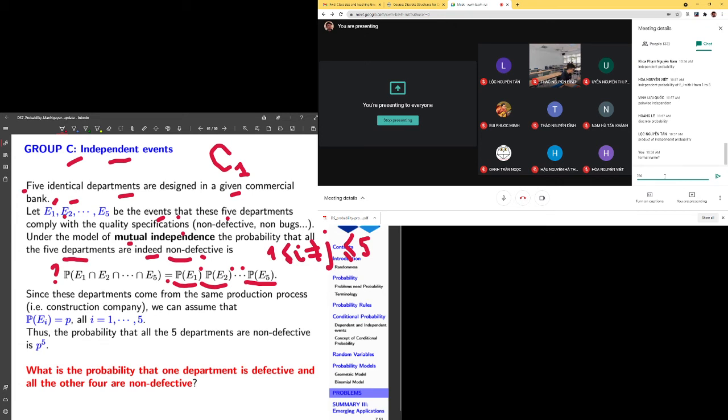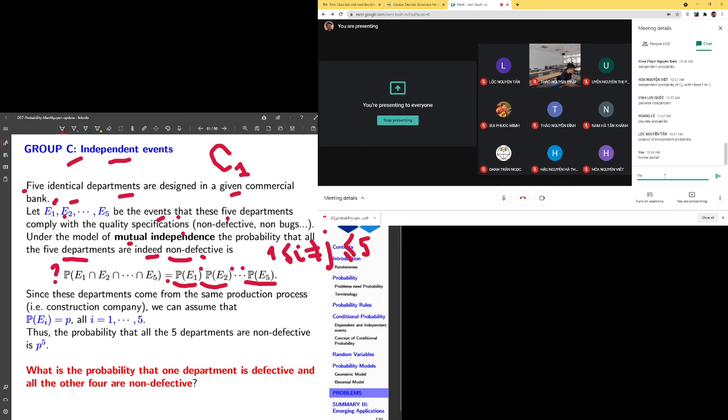And because we assume that the departments come from the same production process, that means the same company, we consider the 5 departments homogeneous, then we can assume that the probabilities of the E_i are the same.